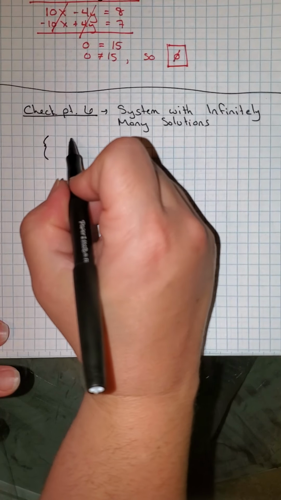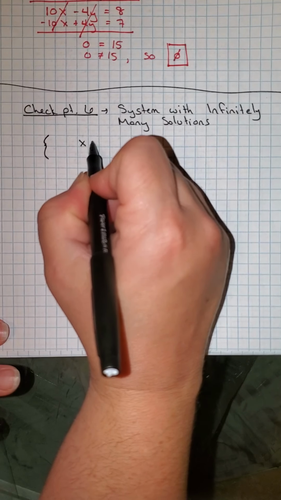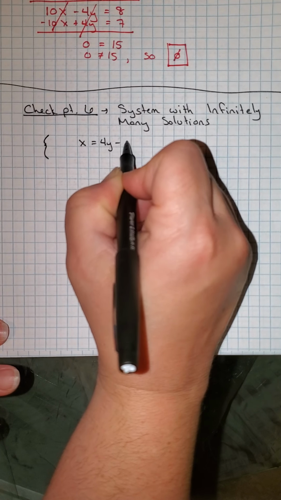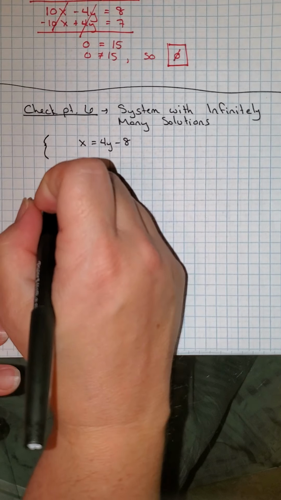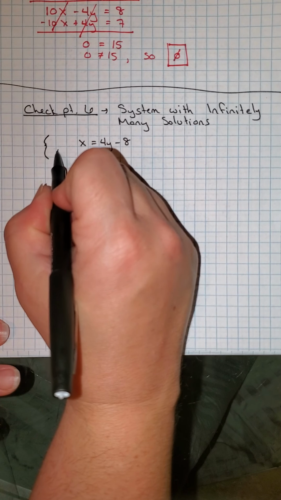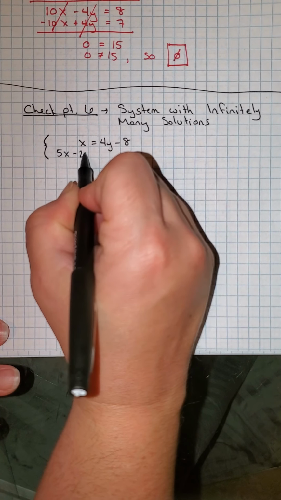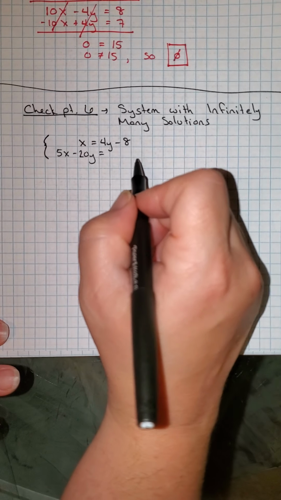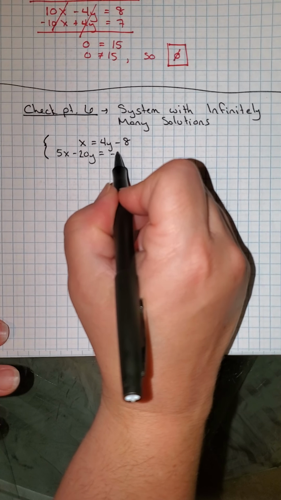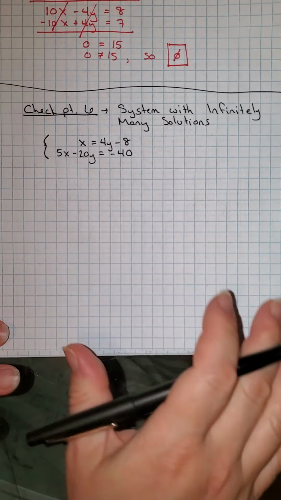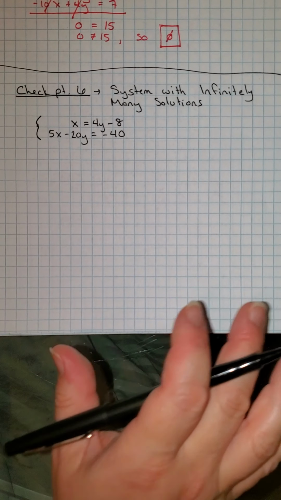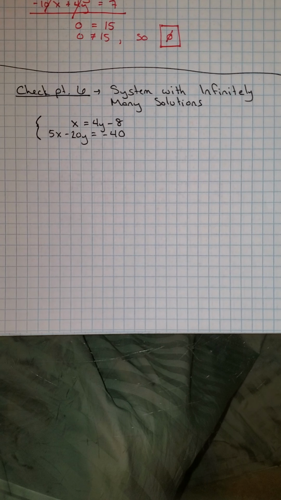we have x equals 4y minus 8, and 5x minus 20y equaling negative 40. Okay, so infinitely many solutions.